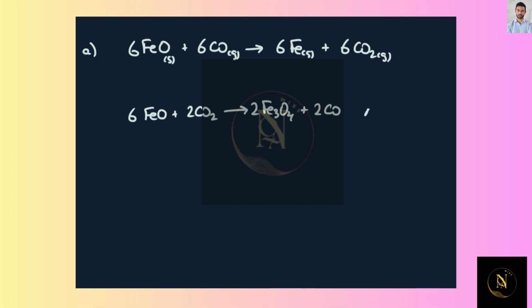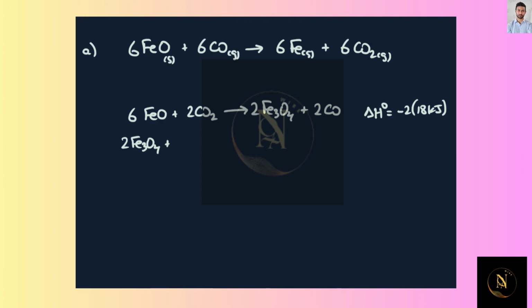Delta H naught here is... this is reversed, so this would be Fe2... minus 218 kilojoules.